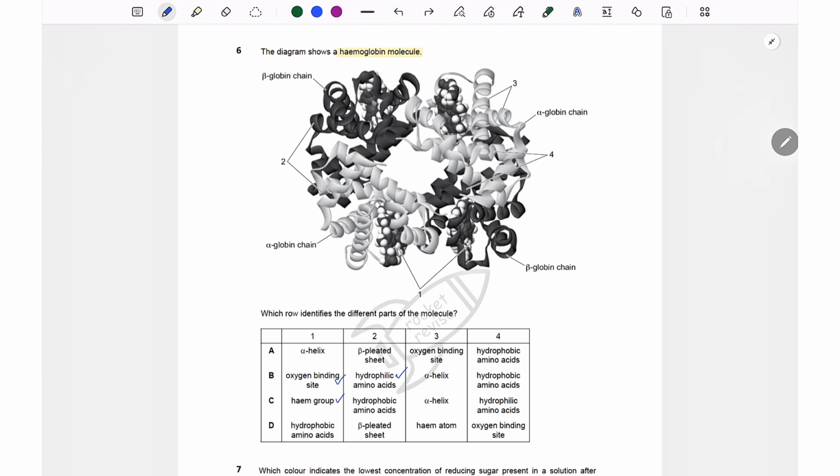That would be your coiled, that's the alpha, see it's a coil, so it's alpha helix structure. And then you have 4, that's pointing inwards, so in the center you're going to have the hydrophobic amino acids. So our answer is B.